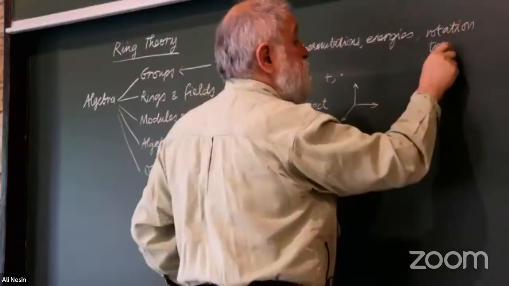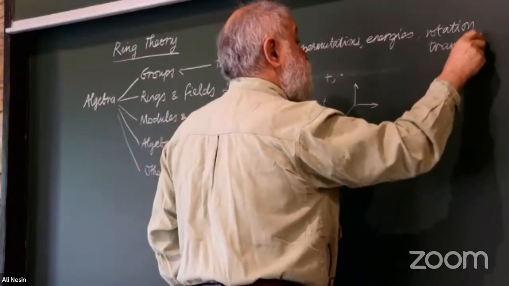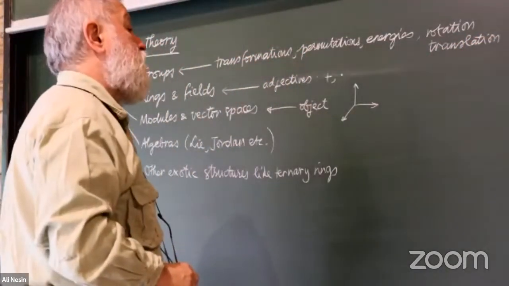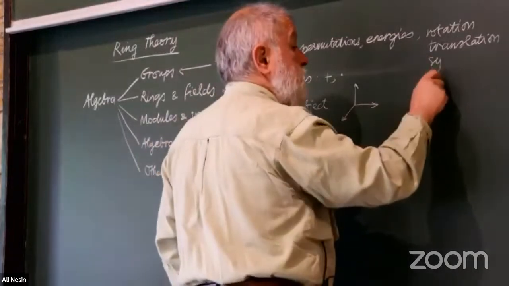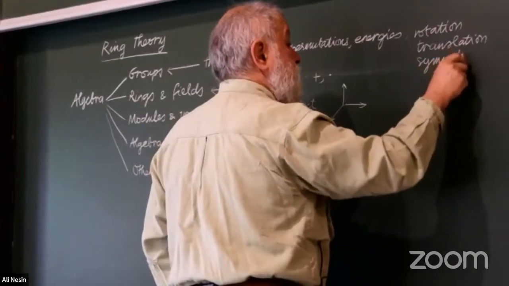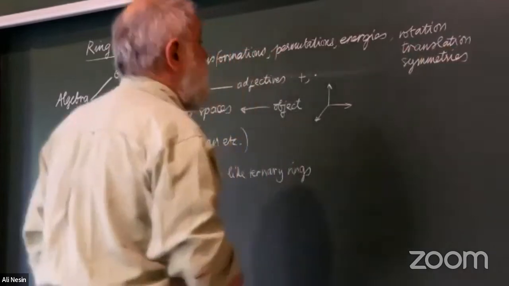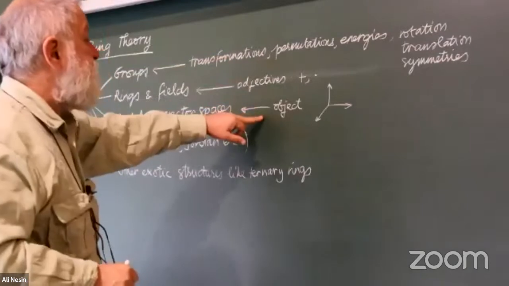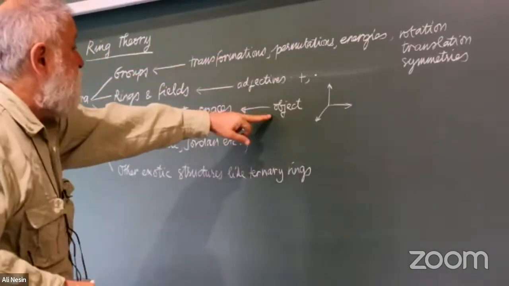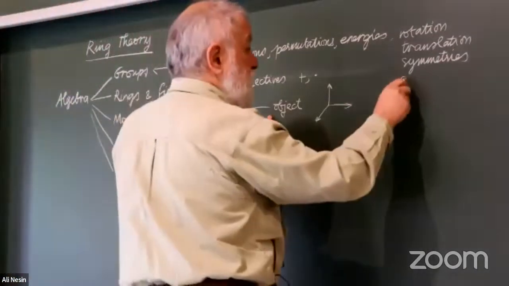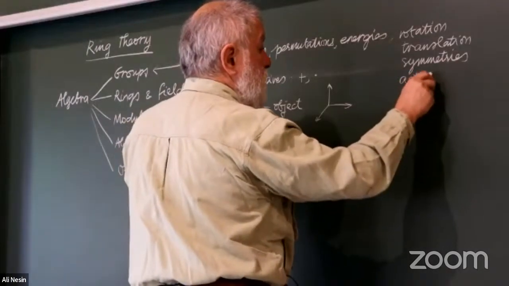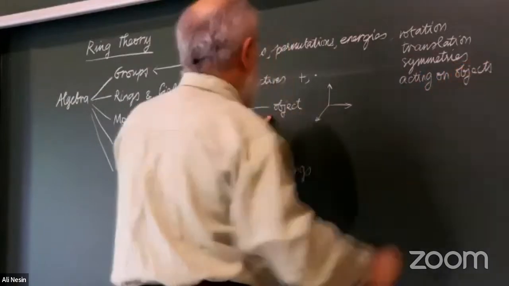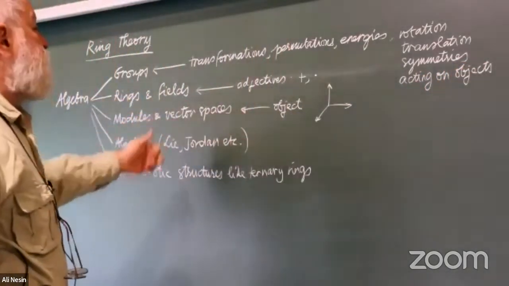Translate something. Or symmetries. Things like this. There are movements. They move things. They move the objects. These act on objects. Acting on objects. These objects can be sets even, or they are more often modules and vector spaces.